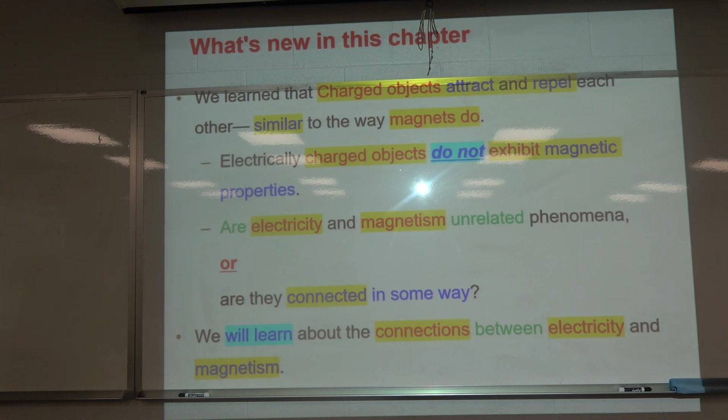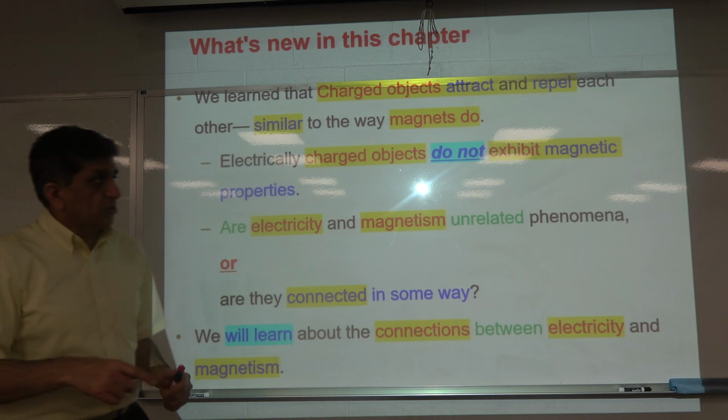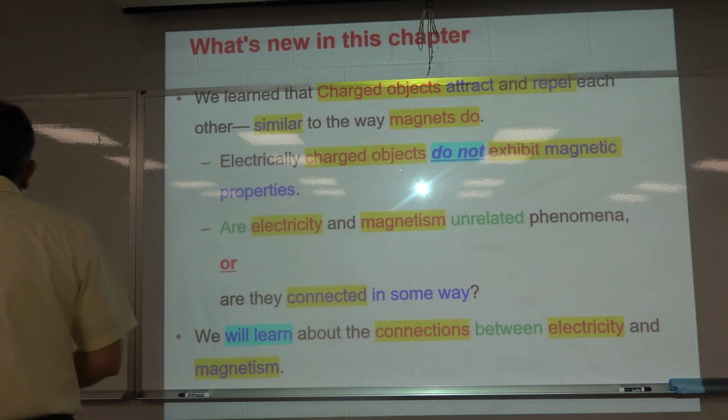So in this chapter, we will not only learn about magnetism, what magnets are and the properties of magnets, but we will also learn the connection between electricity and magnetism. And the connection of electricity and magnetism makes it more fun, okay?